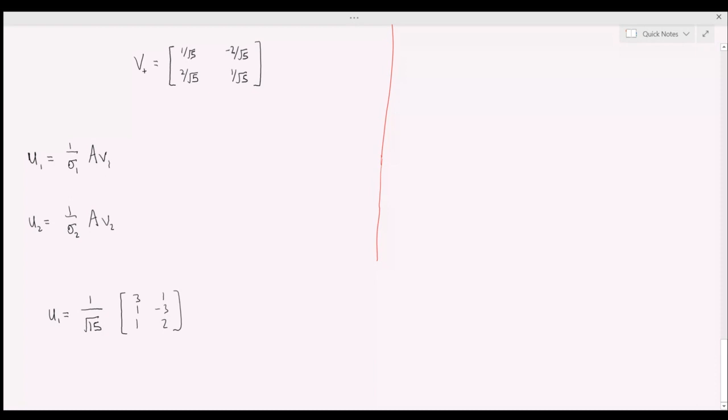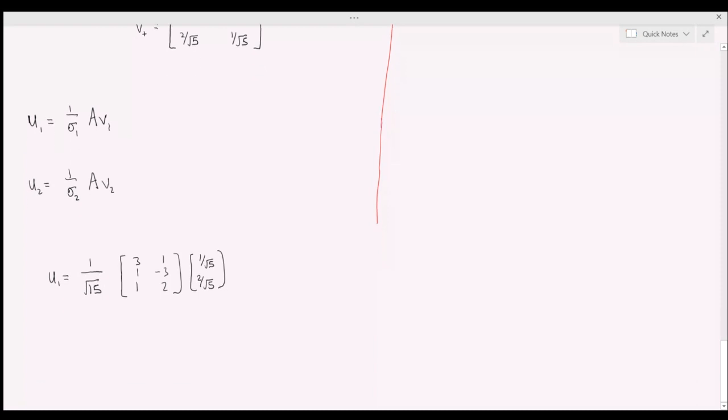And then V1, which we just found earlier, it was this vector, 1 over root 5 and 2 over root 5. So I'm going to go ahead and factor the square root of 5 out to the front. So 15 times 5 will give us square root of 75.